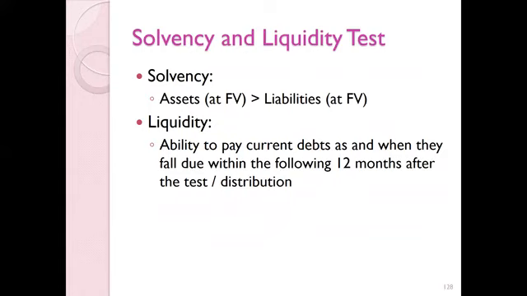So we're talking about the solvency and liquidity test, but what does it really mean? If a company is still solvent after the distribution, it means that the assets at fair value must exceed the liabilities at fair value. So solvent: total assets must exceed total liabilities. And liquid: they must have the ability to pay the current debts as and when they fall due within the following 12 months after the test or the distribution of those dividends.